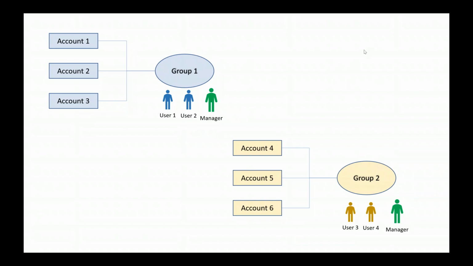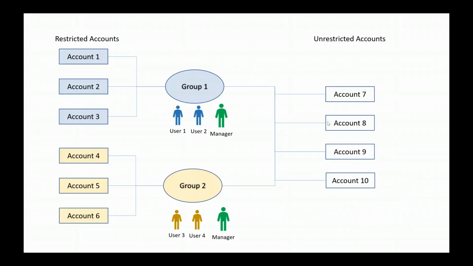Okay, so you've got these 2 groups, they're limited to what they can see or who can see these sets of accounts. But you've got all these other, say, unrestricted accounts. These 2 groups can also see those.